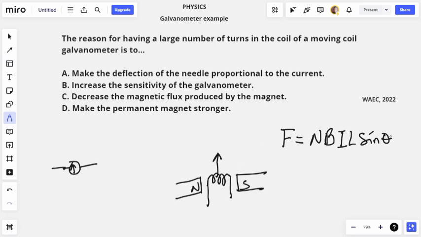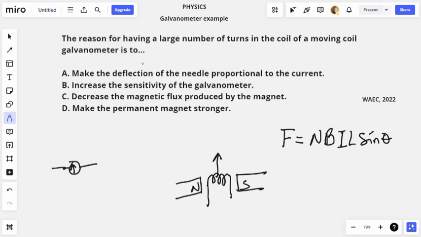So with this formula, it means that if you increase the number of turns, you increase the force experienced. So what do you think will be the answer to this question? It will be B, to increase the sensitivity of the galvanometer, because when you increase the number of turns, the force generated will be high.